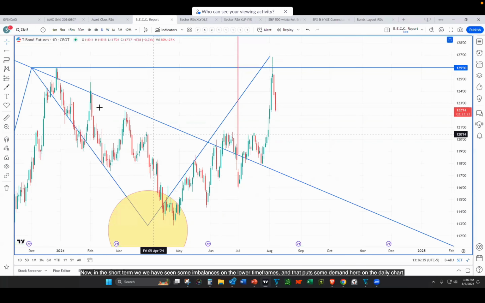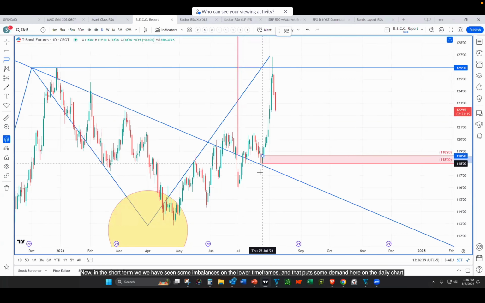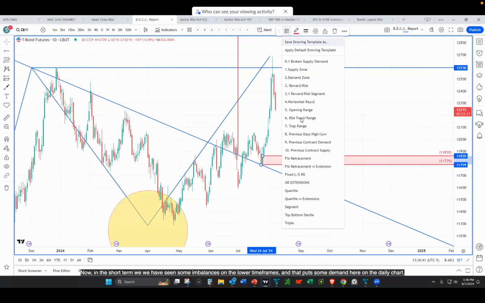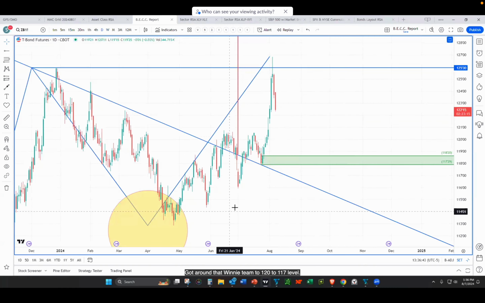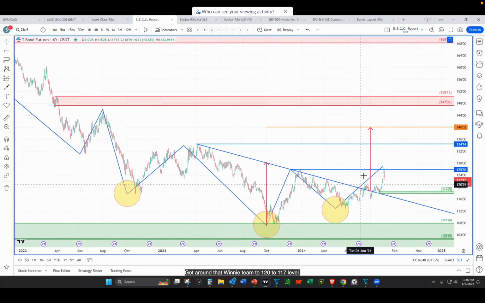Now, in the short term, we have seen some imbalances on the lower time frames, and that puts some demand here on the daily chart down around that 118 to 118.20 to 117.29 level for the short term. Okay.